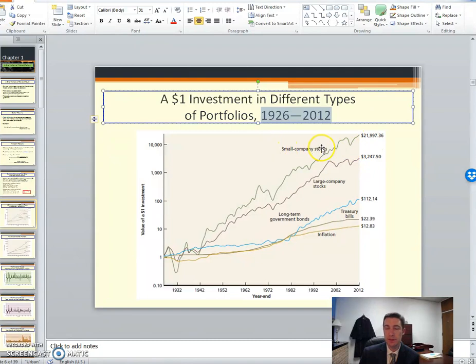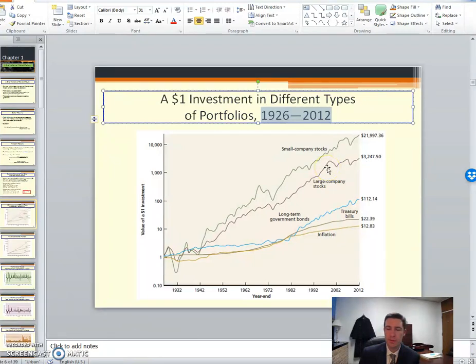What happens if you put that money in large company stocks? That same dollar would have grown to $3,247. Notice that there's a huge difference between small stock returns and large stock returns. Large stock returns produced way smaller returns compared to small company returns.